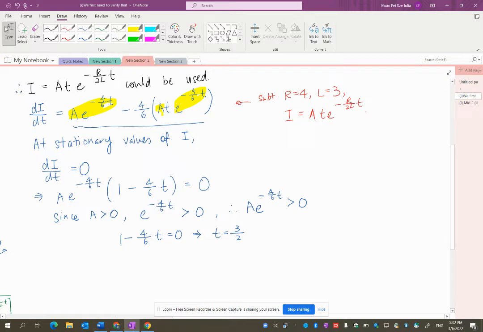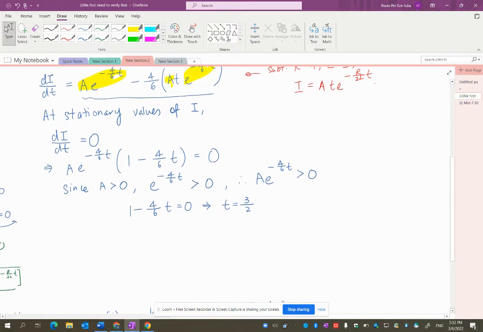So in other words, when t is 3 over 2, we will be able to get the stationary value of I. But we need to verify that when t is 3 over 2, the stationary value is actually the maximum value of I, all right? So we need to do that. Now we can actually find the value of I first. Substitute t equals 3 over 2 into the expression for I, which is A times 3 over 2 times e to the power of minus 4 times 3 over 2 over 2 times 3.